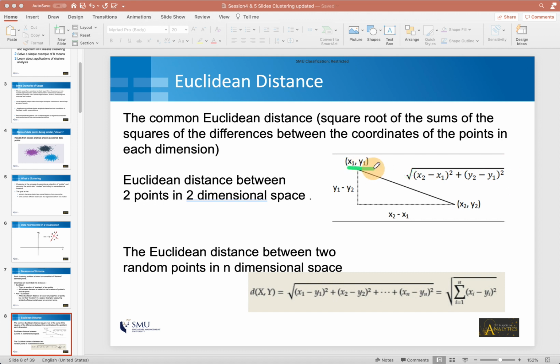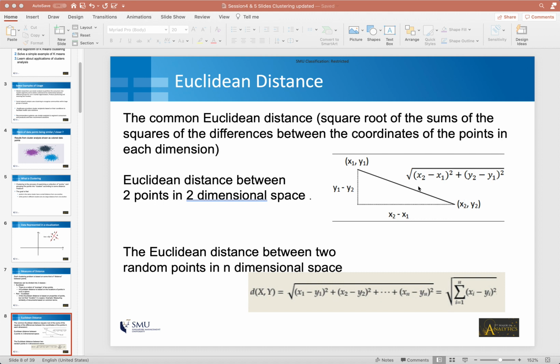Here this is only for 2 coordinates, but you can extend that to any number of coordinates. The formula still remains the same. What we're saying is that the data we will work with in the type of clustering we will be talking about must allow us to calculate a Euclidean distance, which means the coordinates or the columns we use in this clustering should only be numeric in nature.